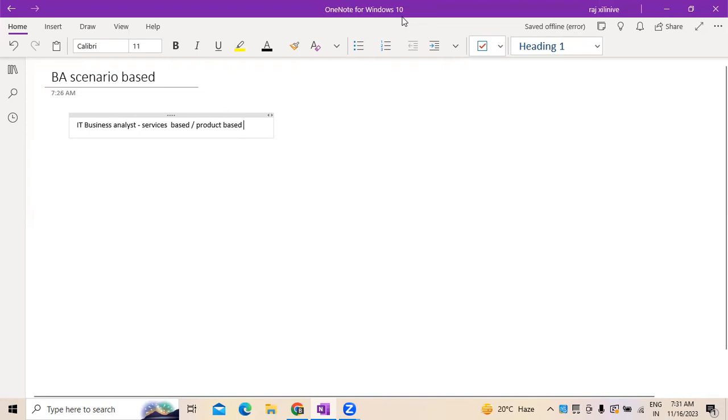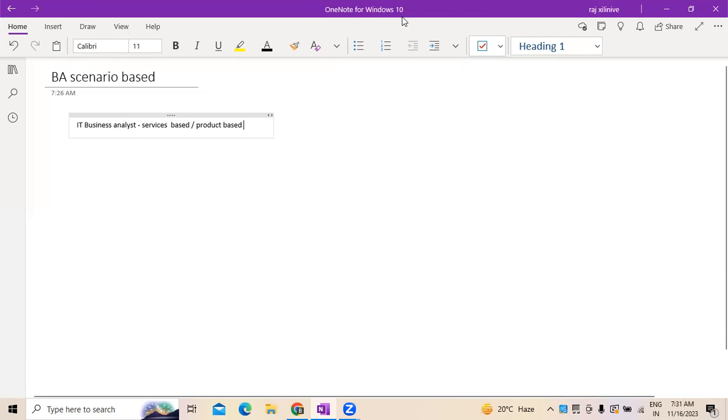When it comes to product-based, we are developing a product. For that product, we require a business analyst who should understand the goal and vision of the product. So there are two things: service-based organizations are different, and product-based is different.